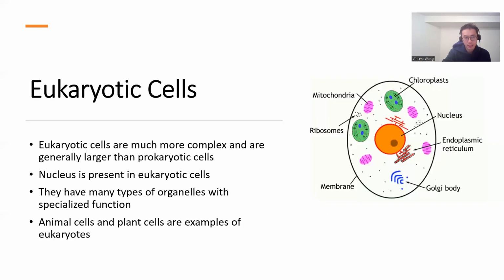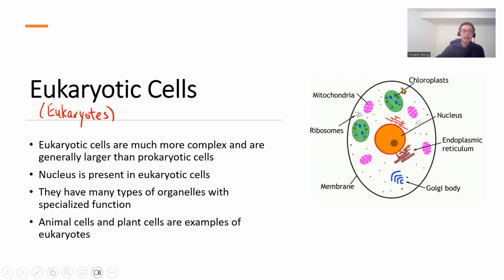Eukaryotic cells, also known as eukaryotes, are cells that are more complicated in general. They tend to be bigger, and they keep their genetic material in a specialized compartment called the nucleus, kind of like the nucleus of an atom. That's where the DNA is going to be.